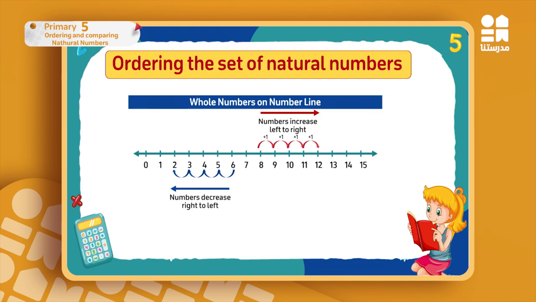Again, from left to right, the numbers increase. From right to left, the numbers decrease. Okay? Now, as you see there, 0 is smaller than 1, 1 is smaller than 2, 2 is smaller than 3. This is logic. We already know this since we were little kids.